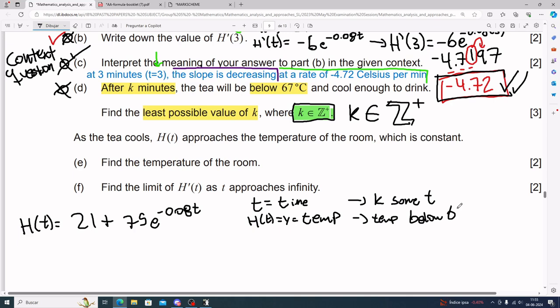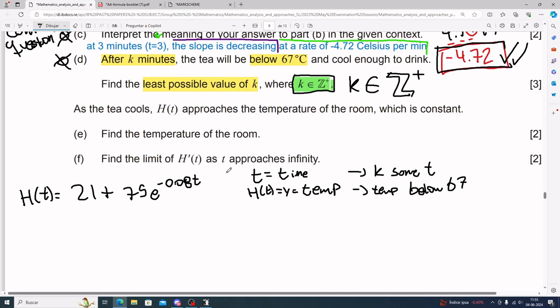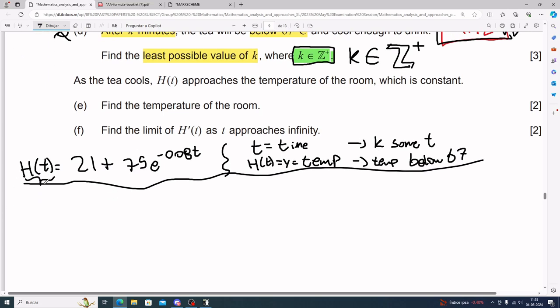So if you express that into your original function, you're going to have a temperature below 67: 21 plus 75e to the power of negative 0.08k is below 67. At some value of k, this is going to start going below that.